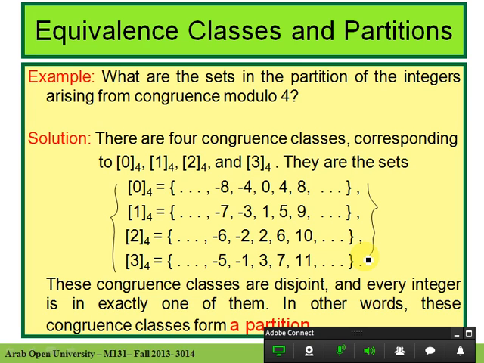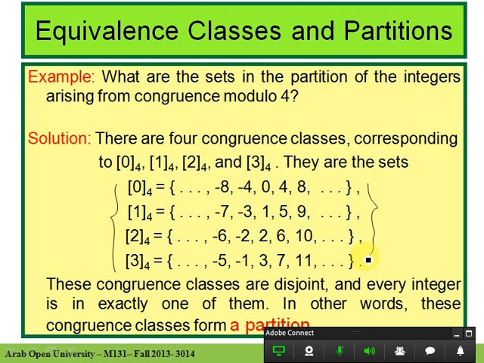For example, this question asks what are the sets in the partition of integers arising from congruence modulo 4. If you mod with 4, what numbers will you get?